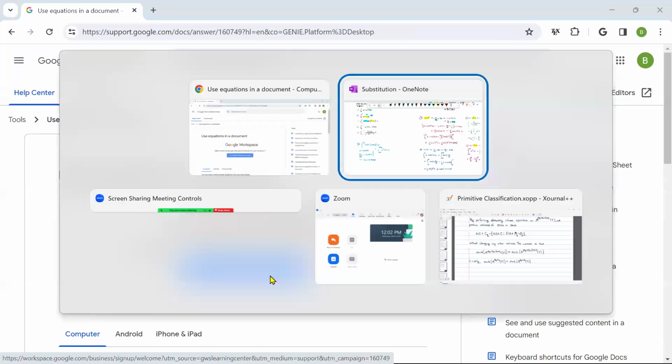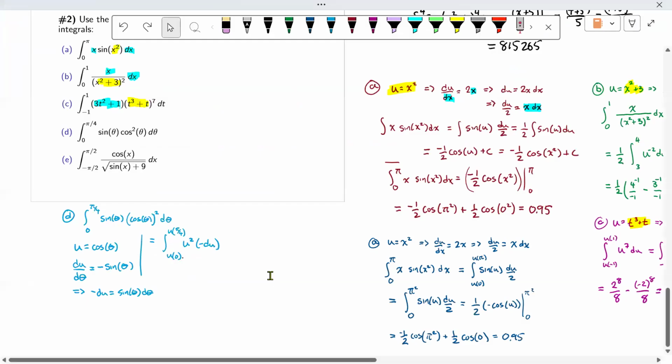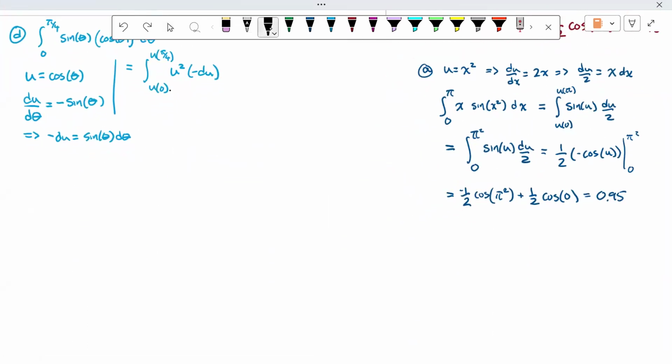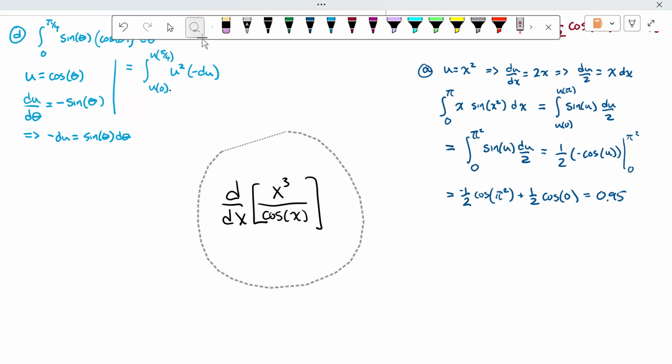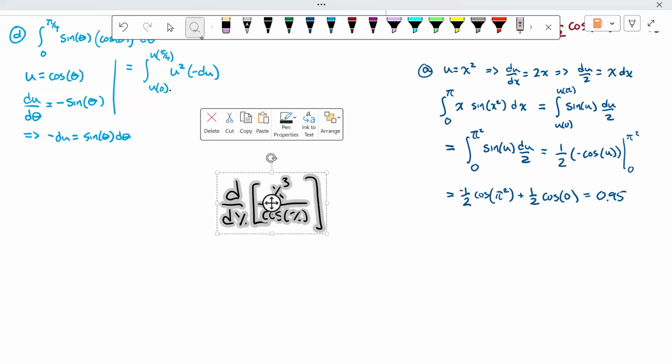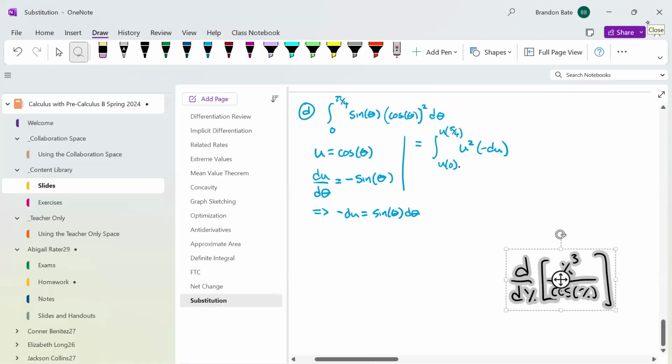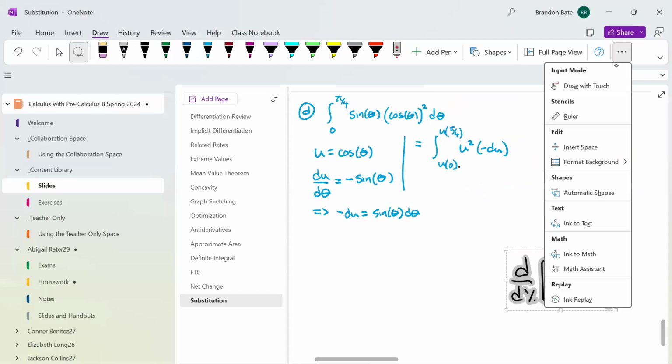If you're using OneNote, one of the great things about OneNote is, if I want to write this, say I want to take the derivative of x cubed over cosine x, something like that, I can go to this draw menu and go to math.